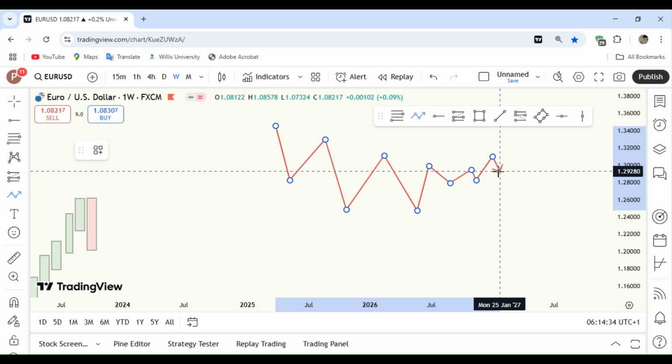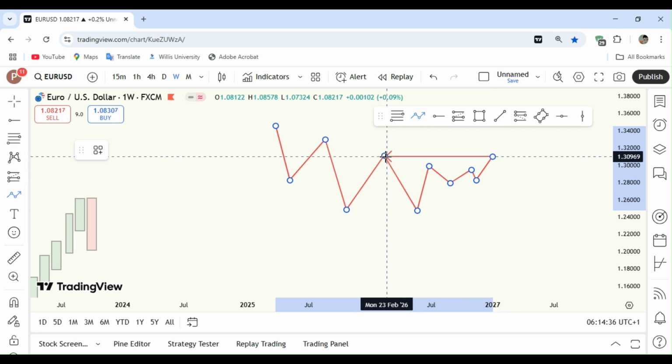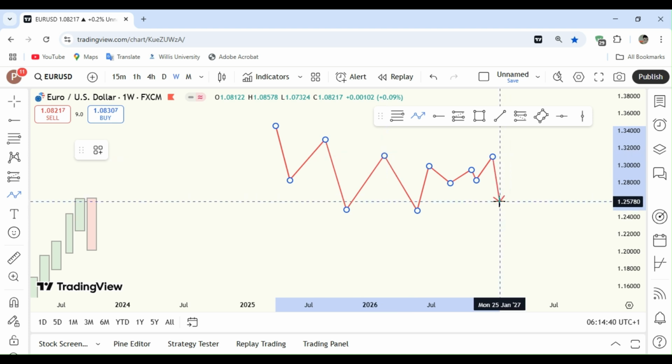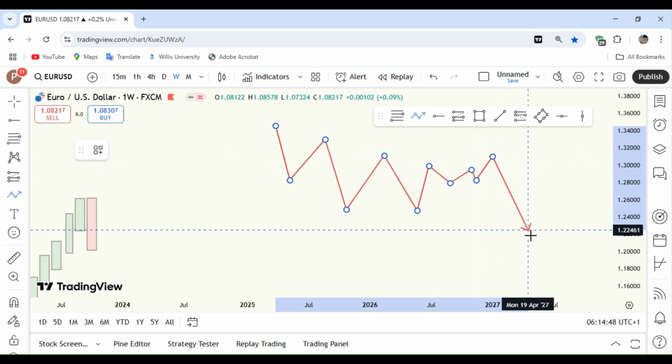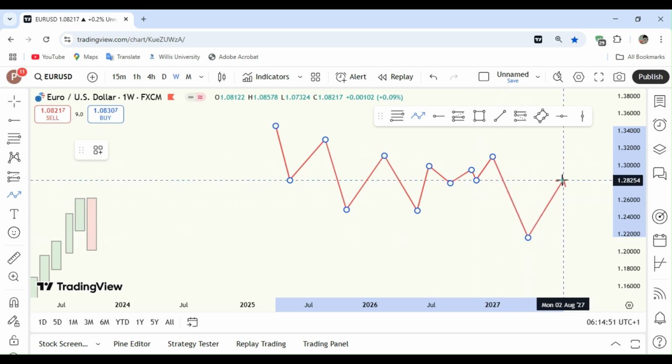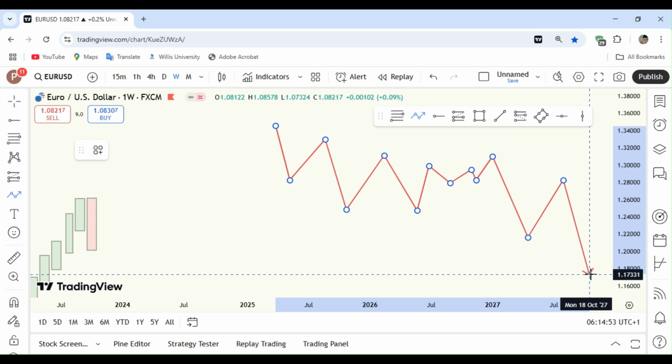In as much as we do not break and close above this previous high, we will still be looking for sales opportunities. If the market comes here, most likely it's still going to continue in the direction of this trend, and it can just continue like this.